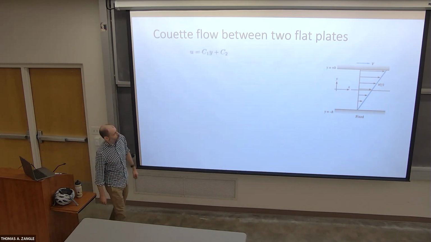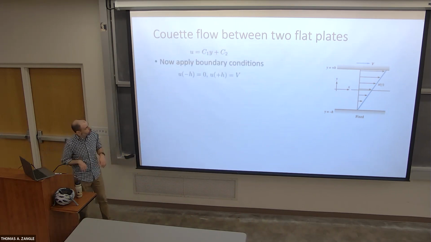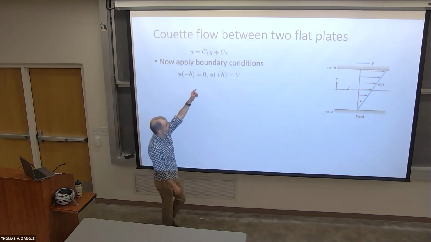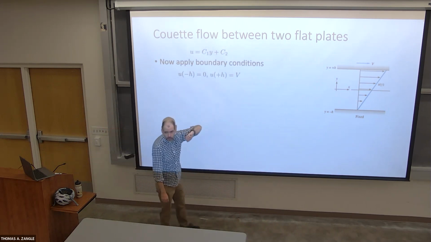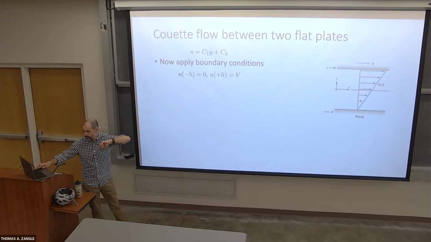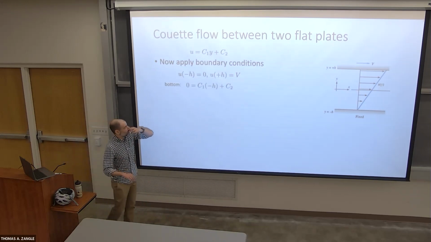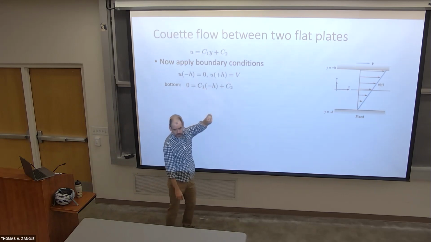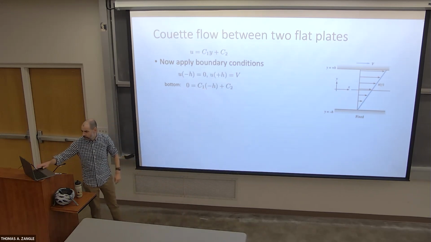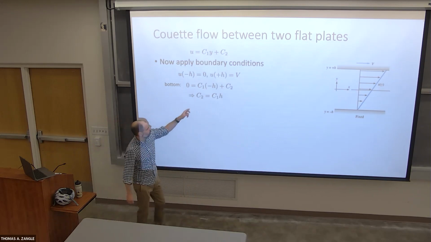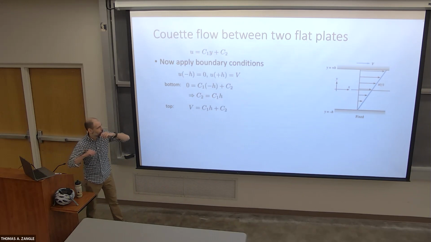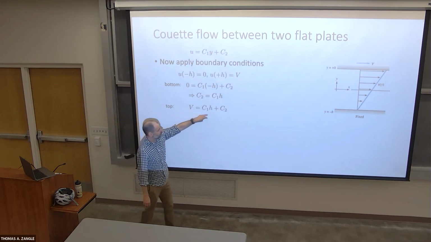We have u is equal to c1 y plus c2. Now we apply the boundary conditions. We'll say that u of minus h is equal to 0, and u of plus h is equal to that velocity V. For the bottom plate, plugging this in, we get 0 equal to c1 times minus h plus c2. So c2 is equal to c1 h. For the upper plate, V is c1 h plus c2.